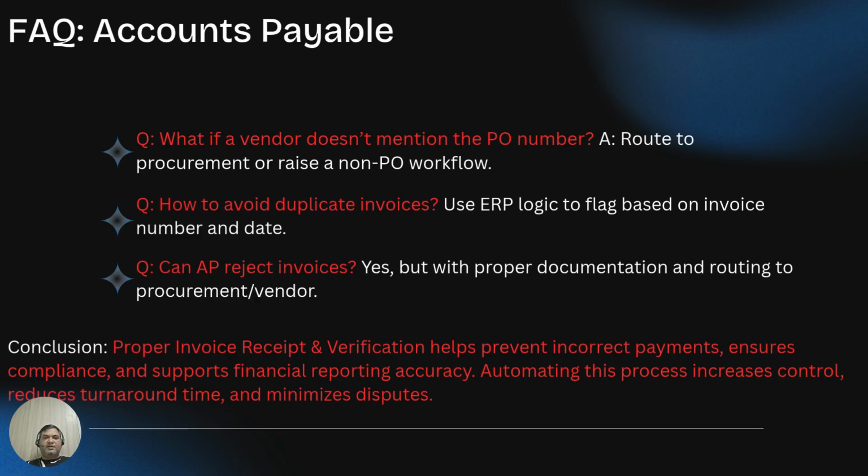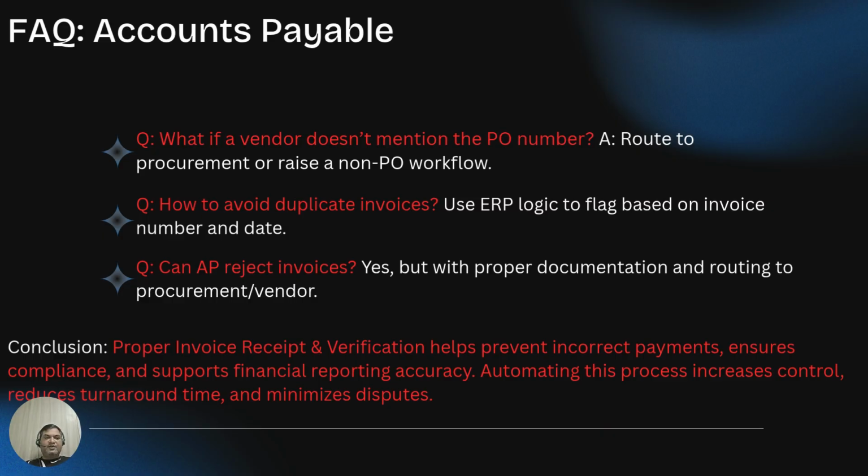The way you can answer is route to procurement or raise a non-PO workflow, which means if the invoice does not require a PO, then you should follow the workflow path. And if you expect the PO to be mentioned on the invoice, then clarify with your procurement team, and if not, reject the invoice back to the vendor, asking them to mention the PO number on the invoice.